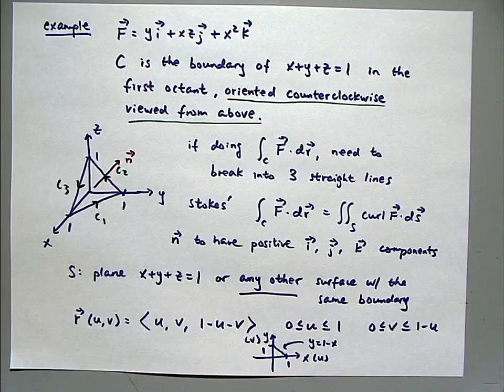And then you do your integration. This dotted with this, we get minus u, minus 2u, minus u minus v, dv du, from 0 to 1, 0 to 1 minus u, minus 1, 2, 3, 4u, right? dv du.